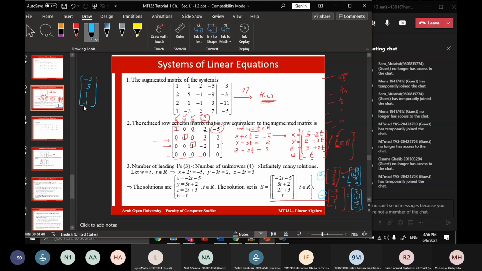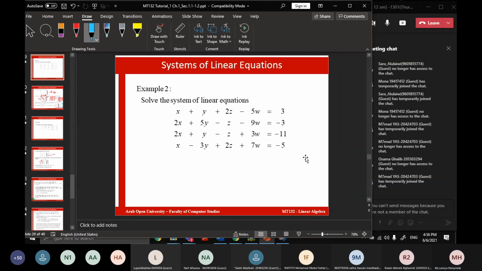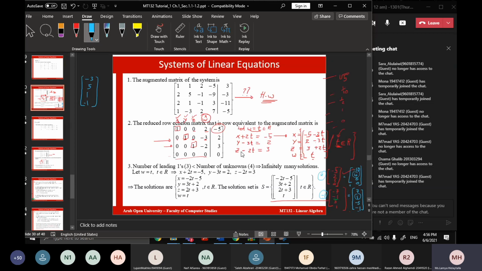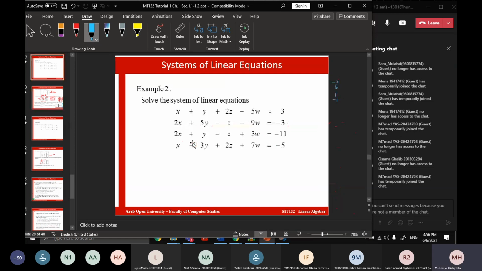So we have minus 3, 5, 1, minus 1, correct? Okay, take them, and if we didn't make a mistake, substitute here. You should get 3.